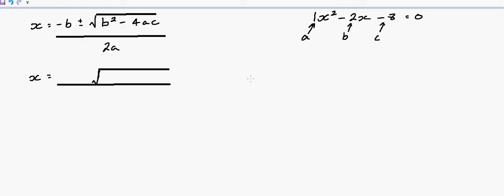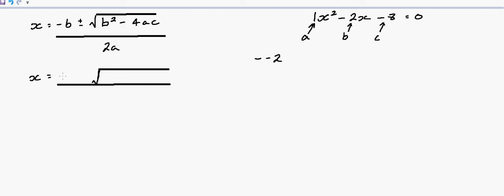So minus b, so what they're saying is minus whatever b is. Now b is minus 2, so that's minus minus 2. These two signs can touch, and if you've got a minus touching a minus, you get a plus.